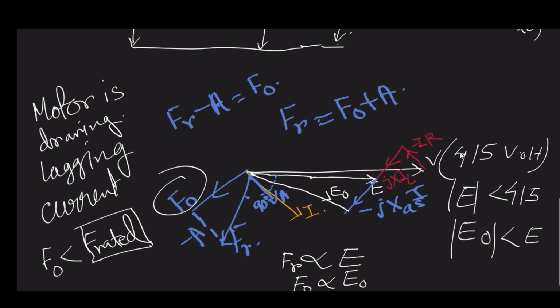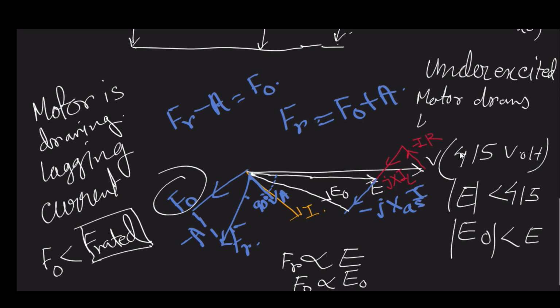When F rated acted on the same machine working as a synchronous generator in open circuit condition gives you 415 volt line to line. Clear? So, under excited motor draws lagging current.